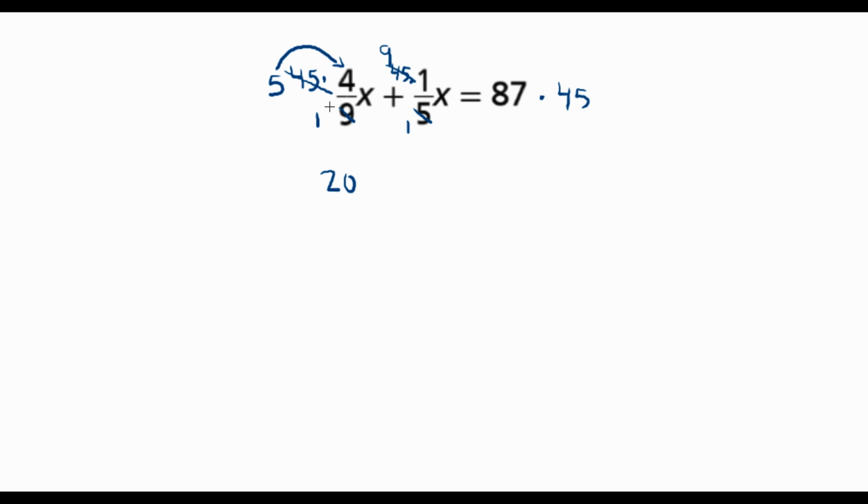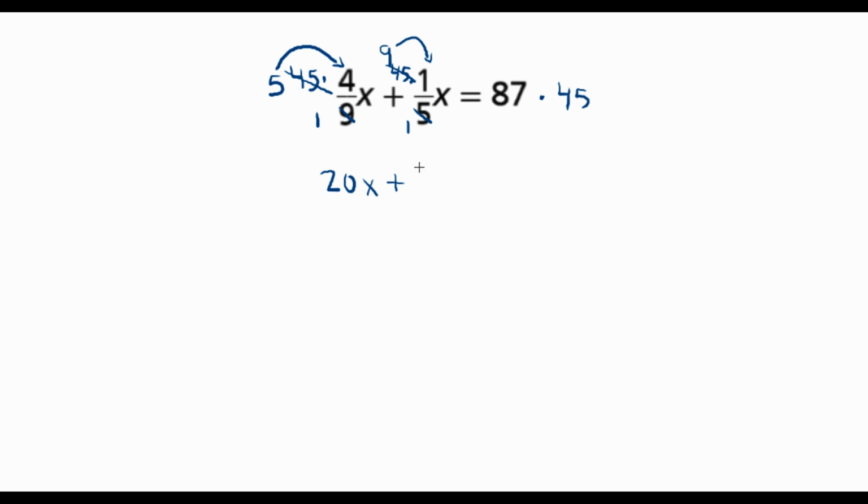Now this would be 20 over 1, since the 9 became a 1, but we don't really need a 20 over 1, because 20 divided by 1 is still 20. So this will simply become 20x. And here I'm going to do the same thing, but before I do that, let's bring the plus down, the addition.